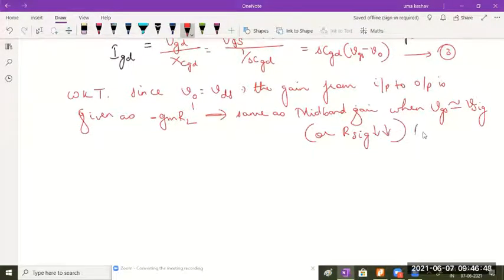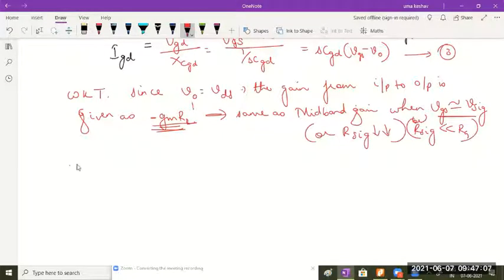You can write it like this also: Rsig is much, much less than Rg. So under either of these conditions, I can use this relation, and I'll say the gain is minus GM into RL dash.